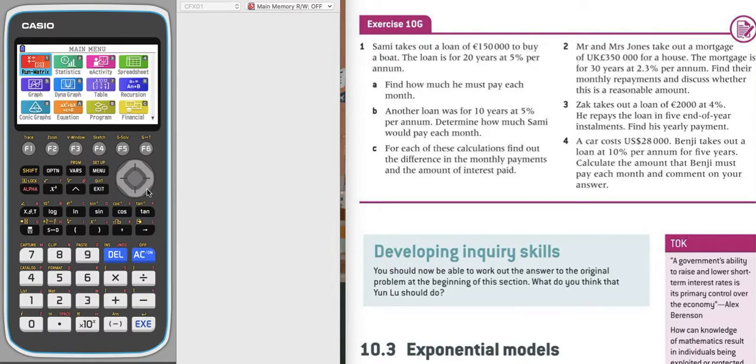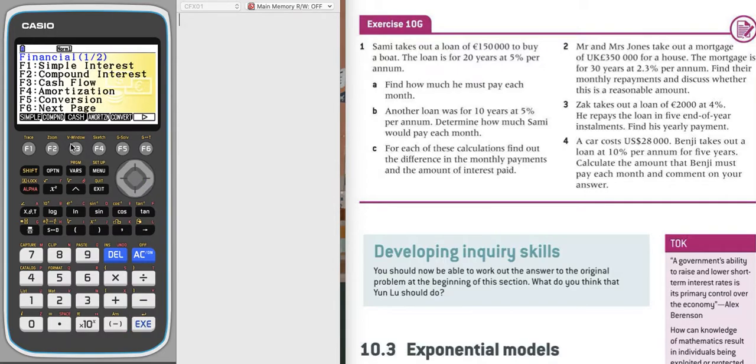Okay, if we go back, financial. Okay. Zach takes out a loan for $2,000 at 4%. He repays the loan in 5 end-of-year installments. Find the yearly payments. 5. The interest is 10%. What is this? Loan shark?